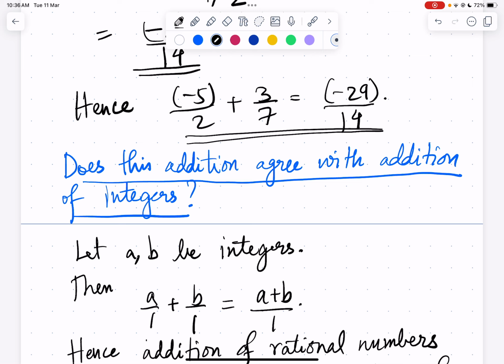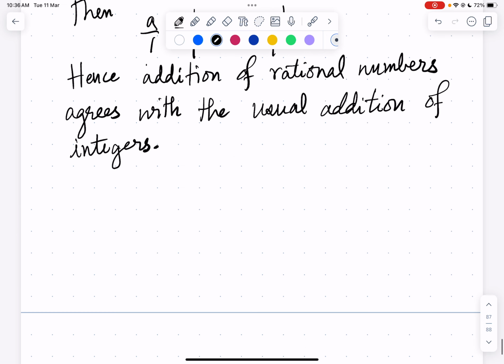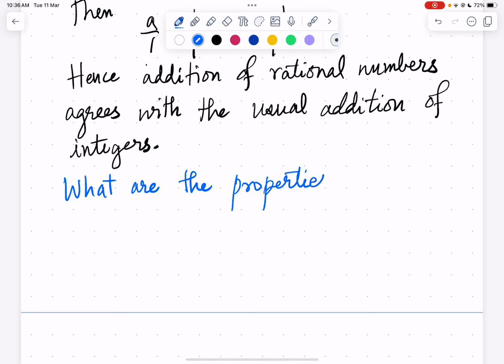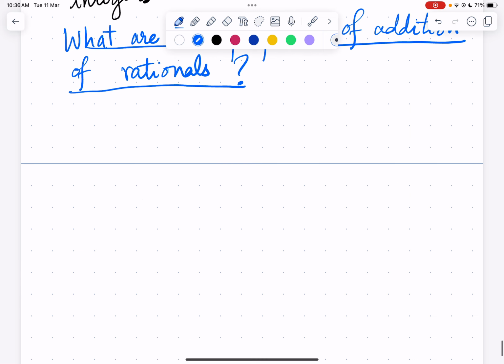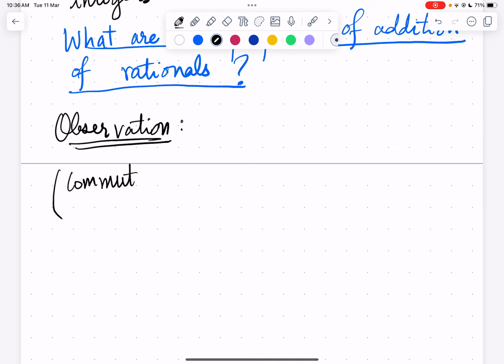And we can ask another question: what are the properties of addition of rationals? So here's the observation. We have commutativity and associativity.